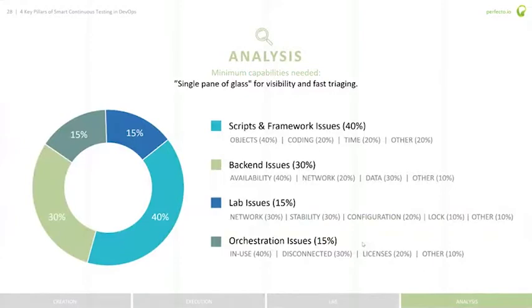With regards to analysis, I urge you to look into your current state in your organization: how much time you spend gathering all the test execution artifacts, how much time you spend drilling into a single test report and finding the needle in a haystack.